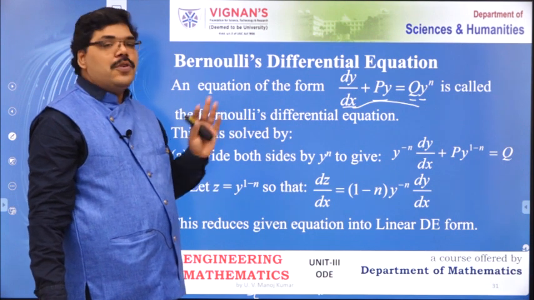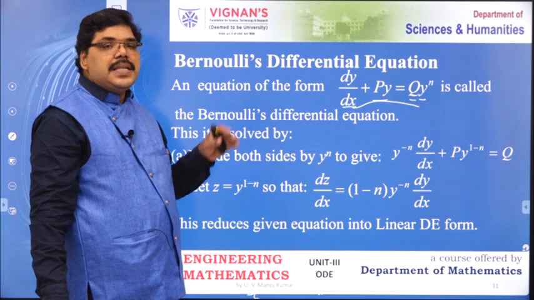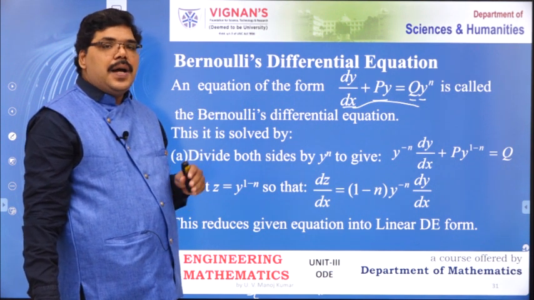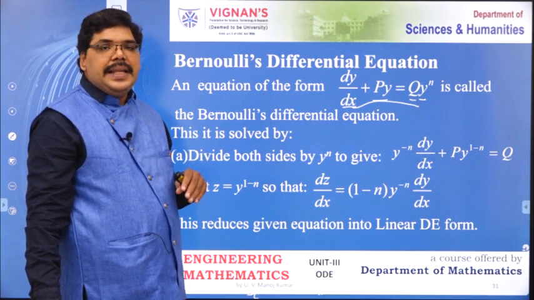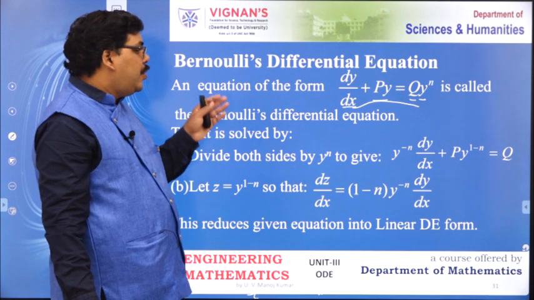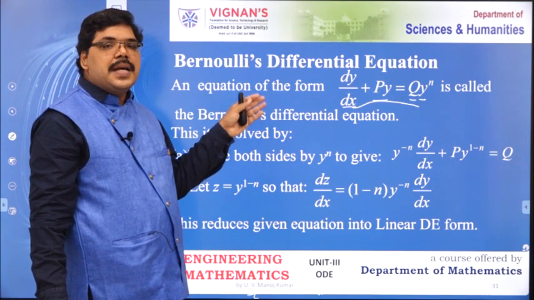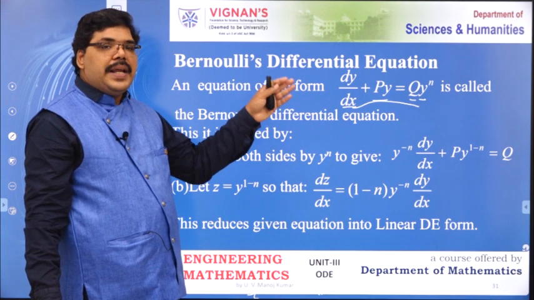If n is not equal to 0, even in that case, we try to reduce Bernoulli's equation into linear equation, and we solve by using the procedure that we use for solving linear differential equation. So, remember the standard form of the Bernoulli's differential equation is dy by dx plus p of y equals q into y power n.